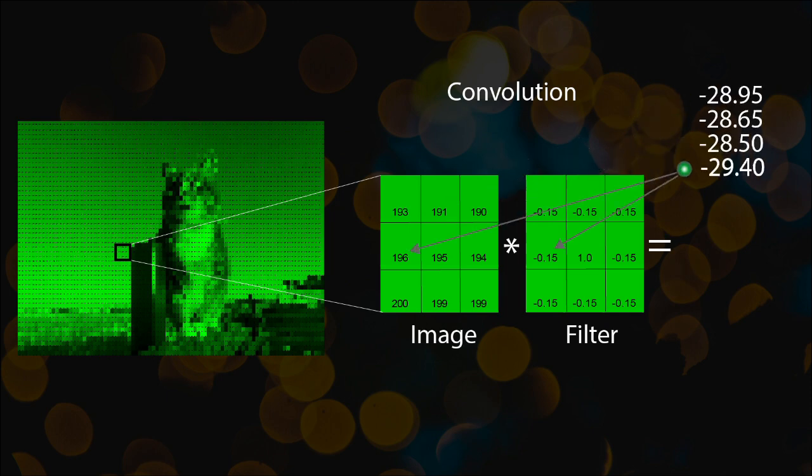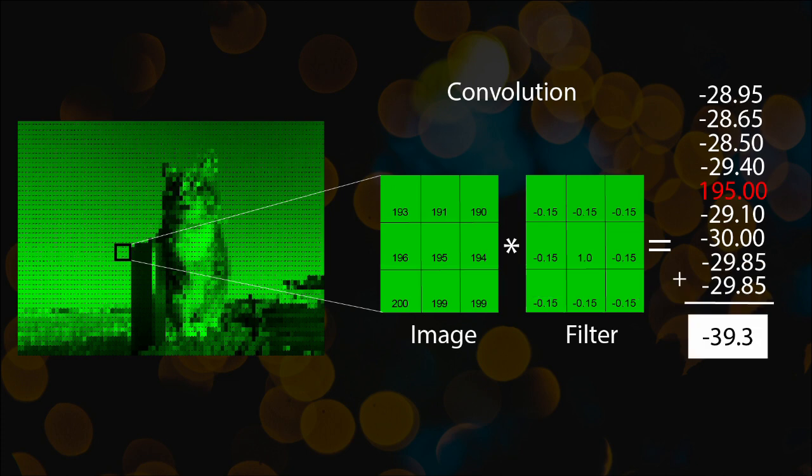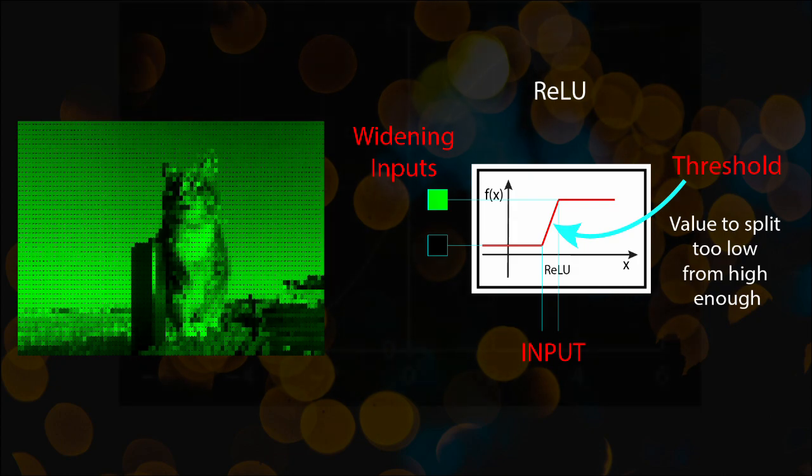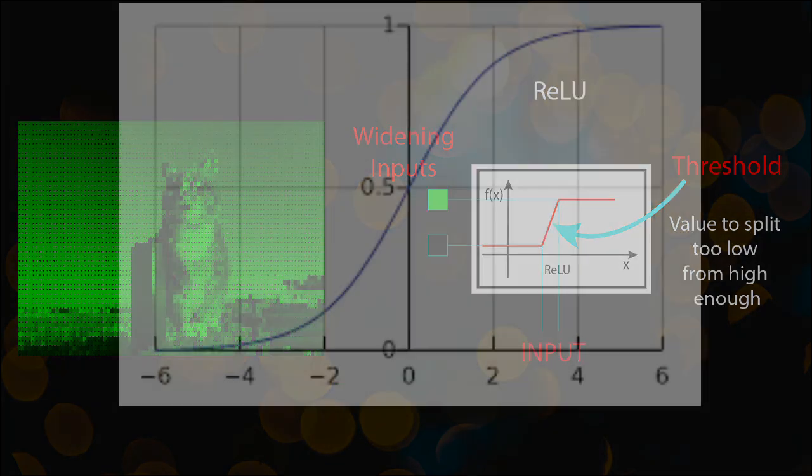By multiplying across the values in the image and the values in the filter and summing them all up, we get the convolved total. You may notice the number is negative though for the total of the convolution. So what do we do with that? Well, we can use a function called a ReLU, a rectified linear unit, which is really standing in for something much more complicated.